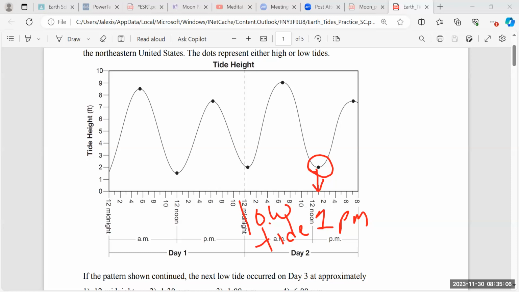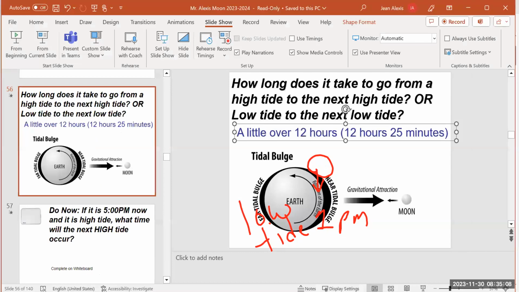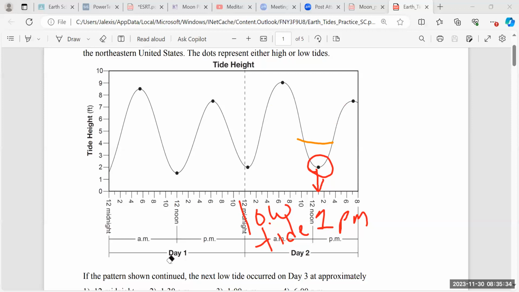Well, remember in our notes, if we take a look at our notes, let me change the color. It says, right, to go from a low tide to the next low tide, it takes a little over 12 hours. So about 12 hours and 25 minutes. So that lets me know 12 hours and 25 minutes later will be the next low tide. So if I go back, let me erase all this other stuff.